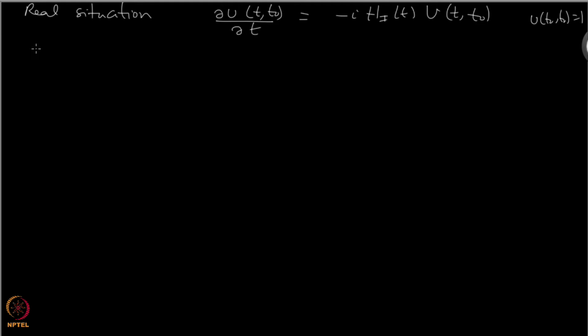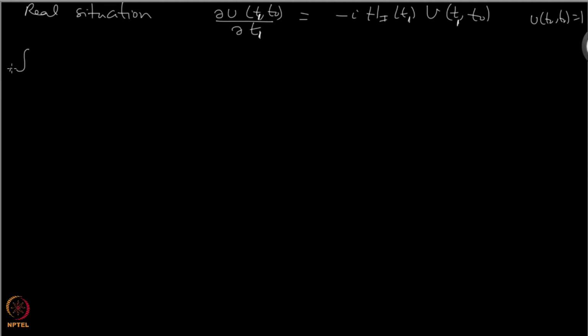Now there is a nice way of doing it. It's just some algebra that I should do. So what I do is I integrate on both sides, okay, and first I will change the arguments here. So instead of t I will write t1. You can write it, there is no problem, okay. And now I do an integral over t1 from t0 to t.